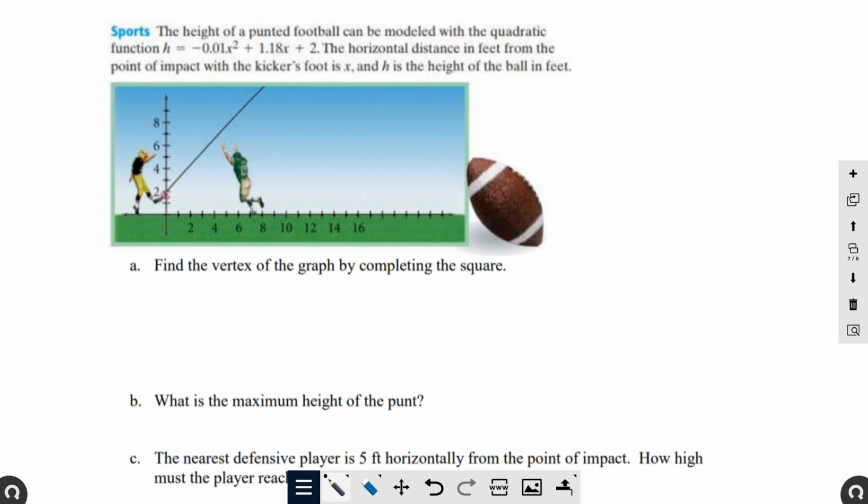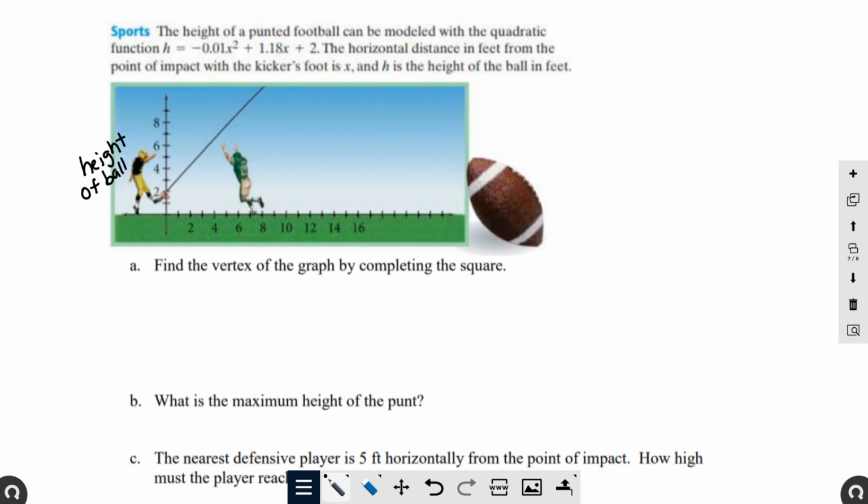We are looking at kicking a football. It says the height of a punted football can be modeled with this quadratic equation. The horizontal distance in feet from the point of impact with the kicker's foot is X, and the height of the ball is what H is. So if we look at our formula, H is in the same place as Y, so this is the height of the football.